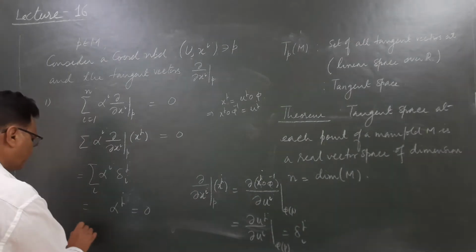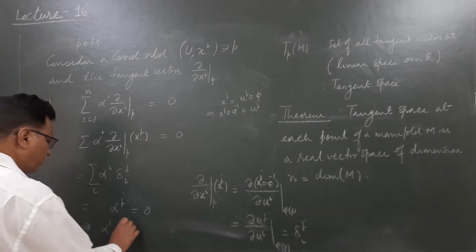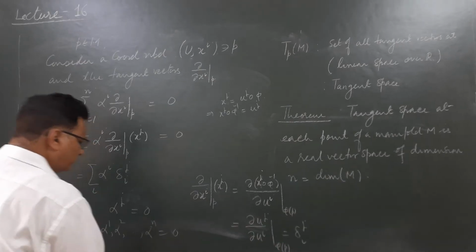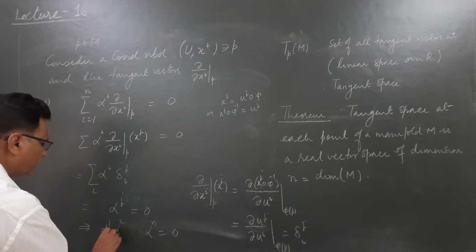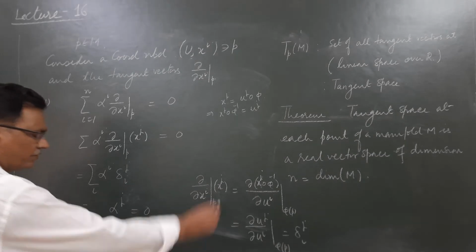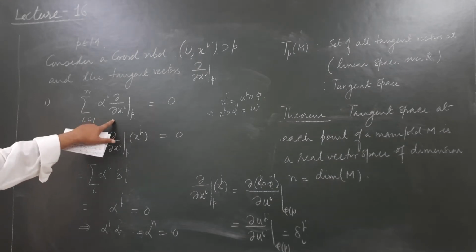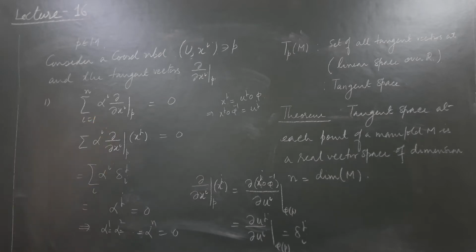This means all alphas are 0: alpha 1, alpha 2, alpha 3, all these scalars alpha are 0. In fact, all of them are equal to 0. And therefore, this linear combination can be 0 only for scalars 0, okay. So that shows that these vectors are linearly independent.